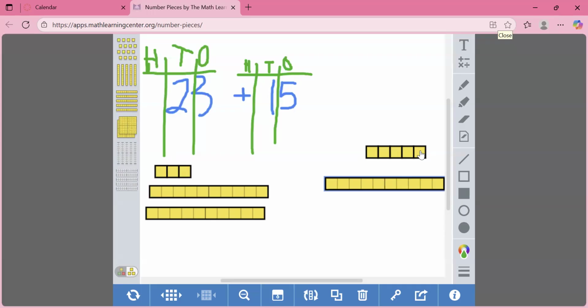So we have 38 altogether, and that means that 23 plus 15 equals 38. Do you guys have any questions about this problem?